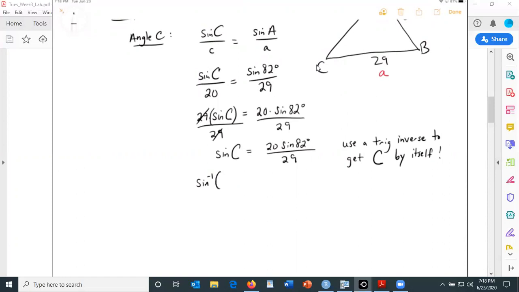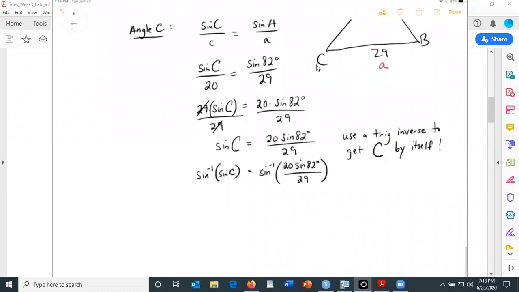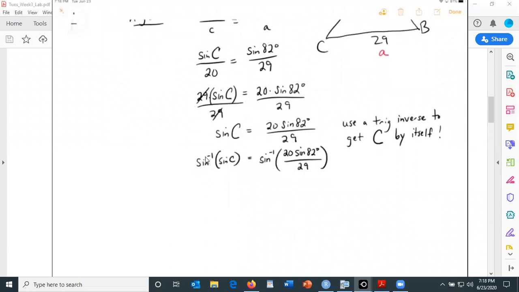So you take that on both sides of the equation. So you just write it in there on both sides. All right, so what I just did there, that's called taking the sine inverse of both sides. All right, both sides of the equation, right? So remember, whatever I do to one side, I have to do to the other. We got to balance this thing. And remember here, sine inverse and sine cancel, and that will give me just C.